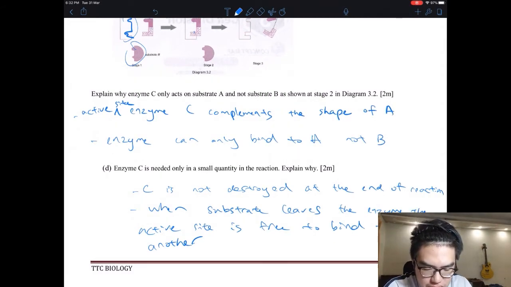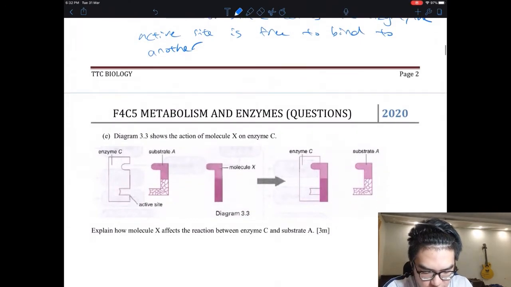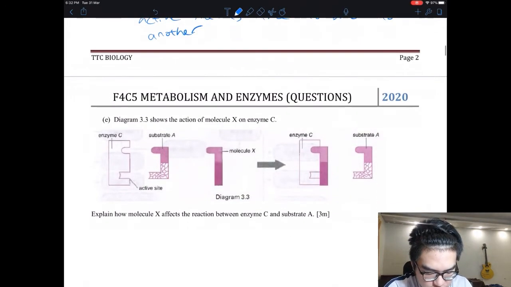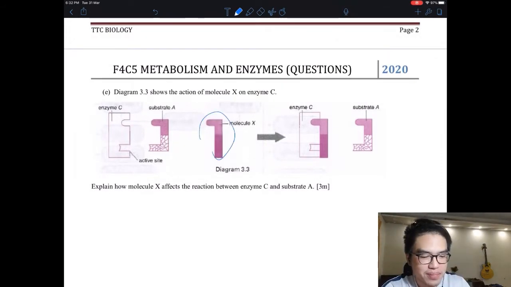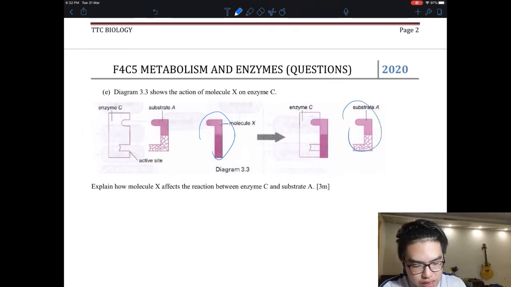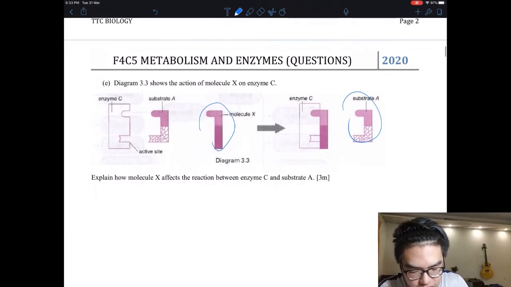E: explain how molecule X affects the reaction between C and A. Can you see molecule X is somewhat like A, and X will bind to enzyme C, so now the substrate cannot bind to the enzyme anymore. This is what we call an inhibitor. So first tell me X is an inhibitor.